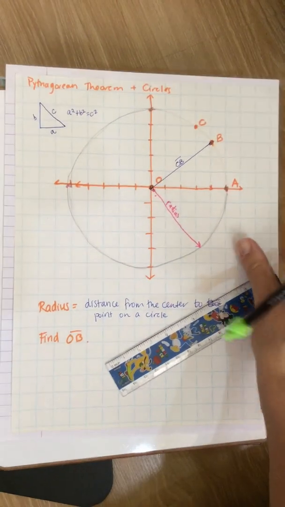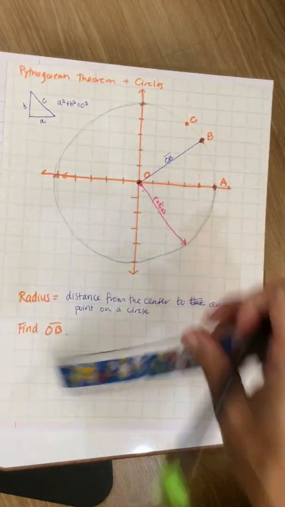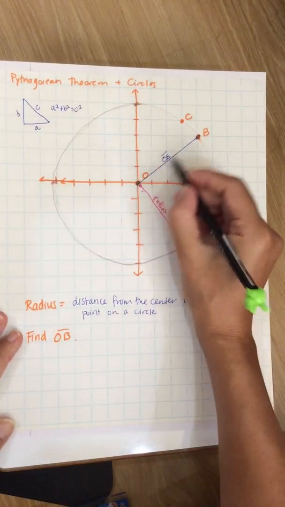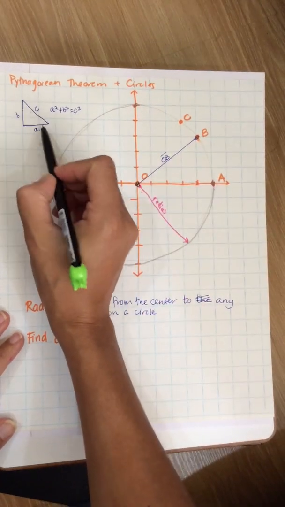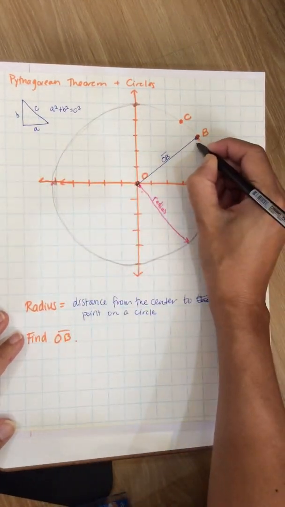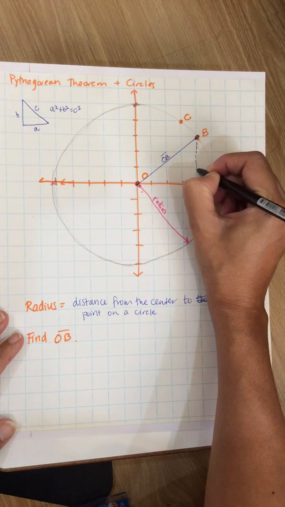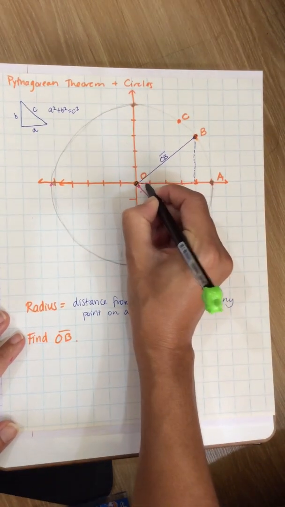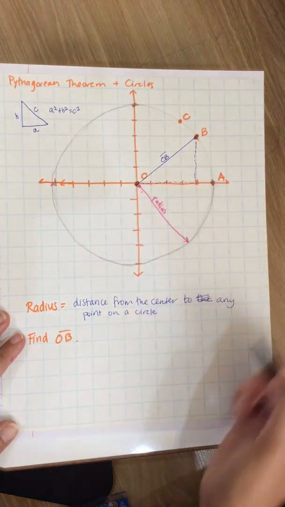How can we find that line? Well, that looks an awful lot to me like a hypotenuse. Can I make the legs if I draw some dotted lines down and across? Yeah, I think I can.